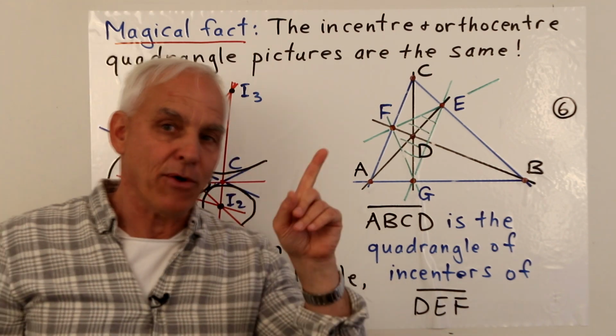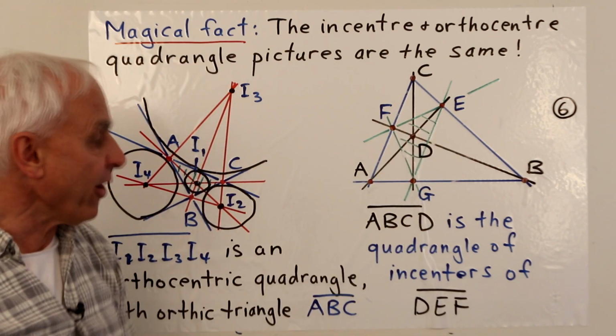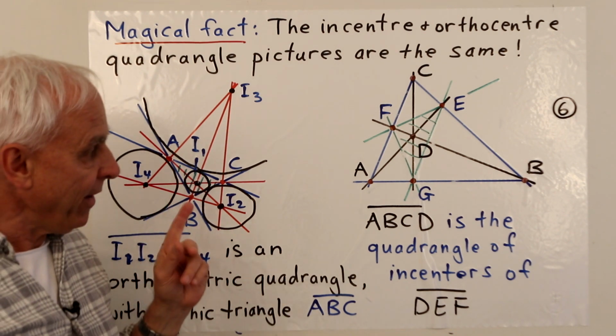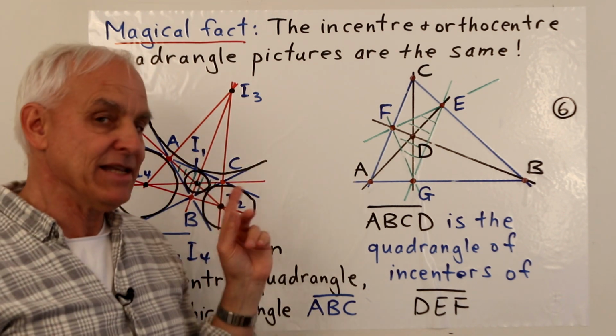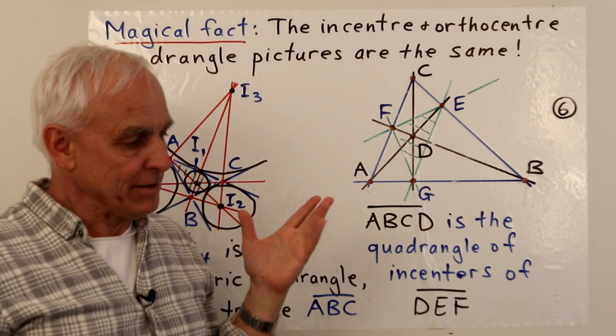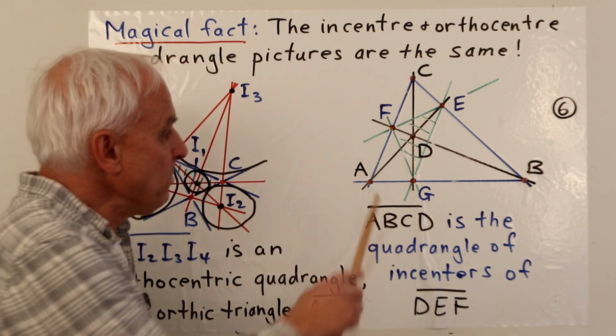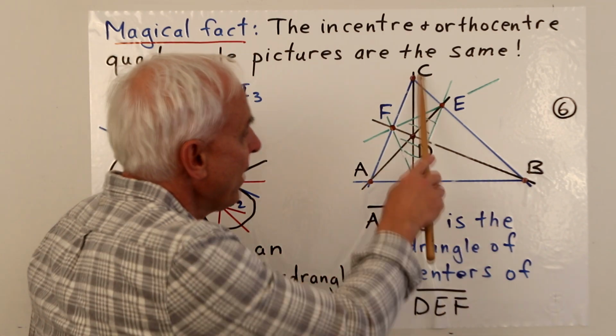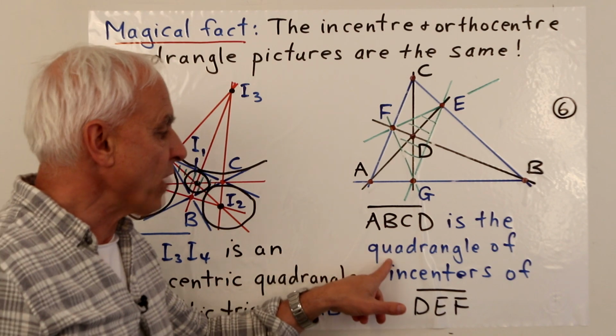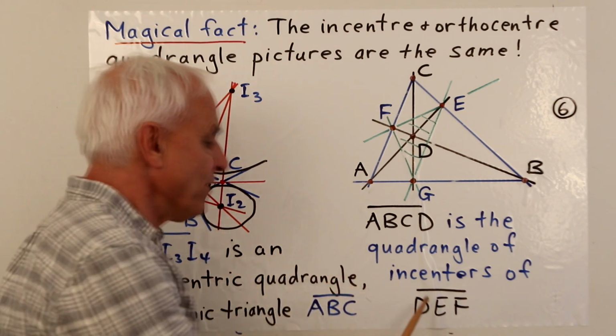What I'm claiming now is that this diagram is really the same as an incenter diagram. Namely, ABCD is the quadrangle of incenters of DEF.